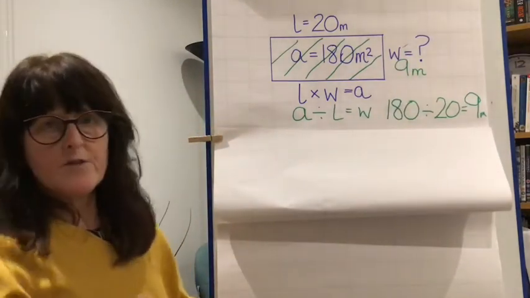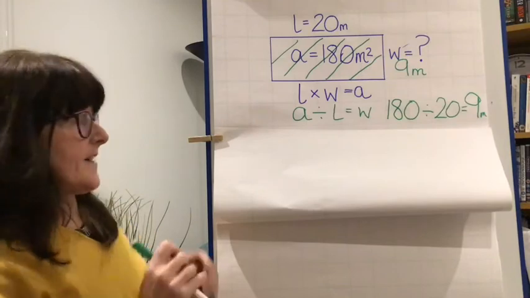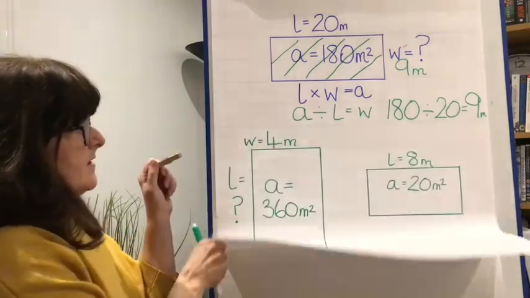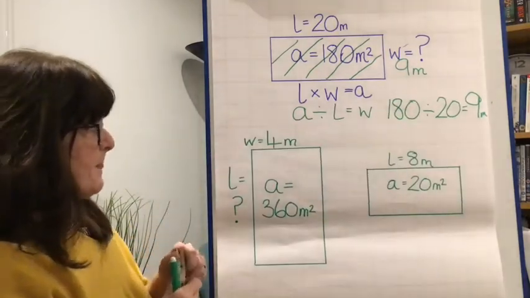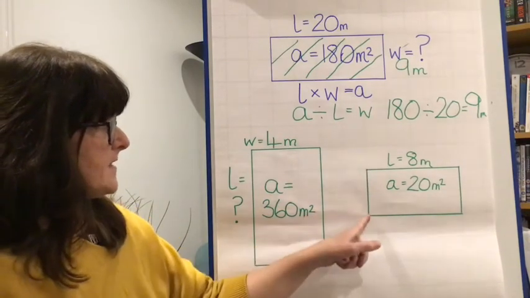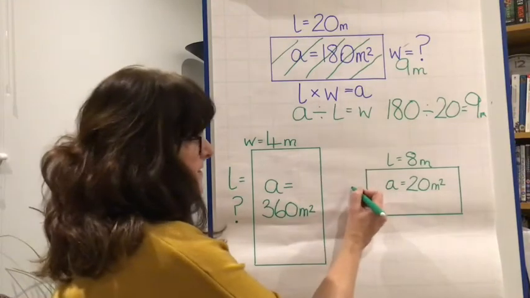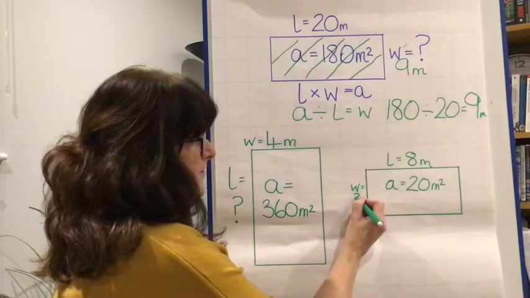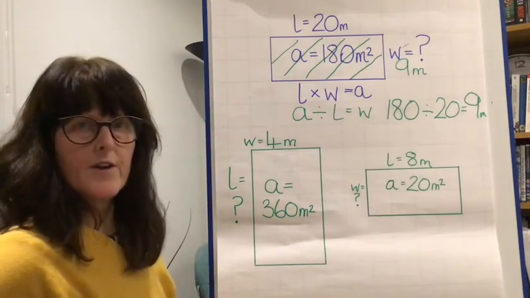It's all about using your multiplication and division facts. Have a go at finding the missing length on this rectangle and the missing width on this rectangle. Stop the video while you have a go.